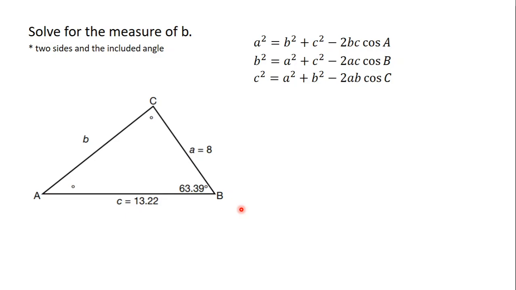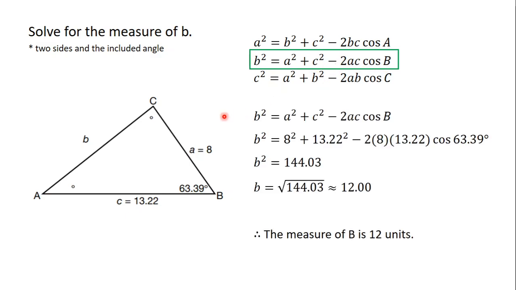Since we're going to solve for the measure of B, we're using the second statement, which states that B squared is equal to A squared plus C squared less 2AC cosine B. As you can notice, the values of the variables A, C, and angle B are given.